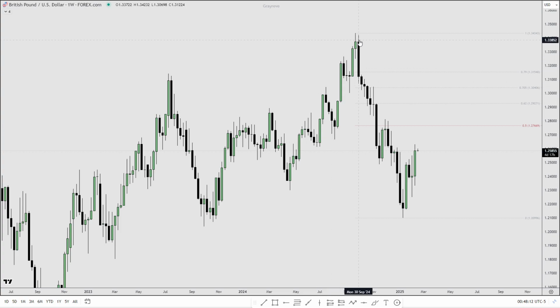Now, what is the fair value gap that made this swing high here? These two. Okay. So if we have two consecutive fair value gaps, we have to incorporate the entire range. So I'm just going to mark the low of the fair value gap. This is going to be an inversion fair value gap when we come back up into these levels here. Okay.